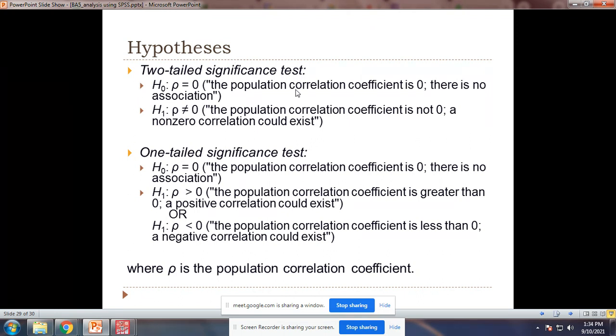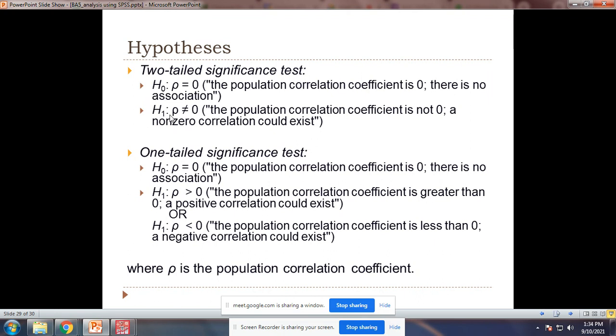So for writing the two-tailed significance test, you will write the null hypothesis: the population correlation coefficient is equal to 0. So there is no association between the variable x and variable y. That is your null hypothesis.